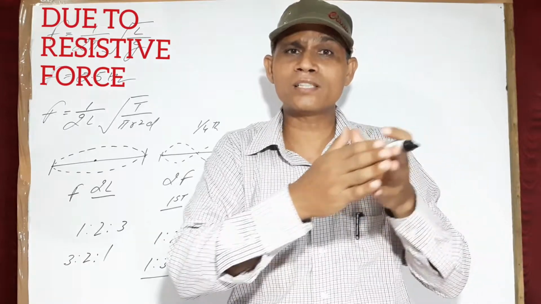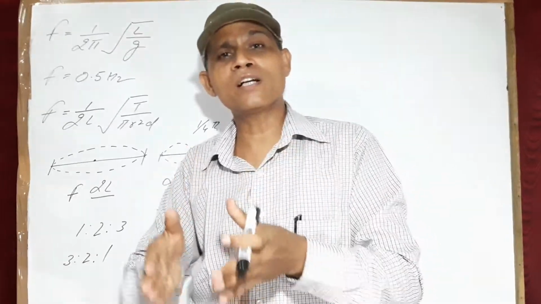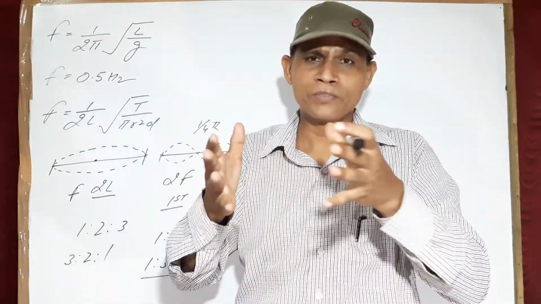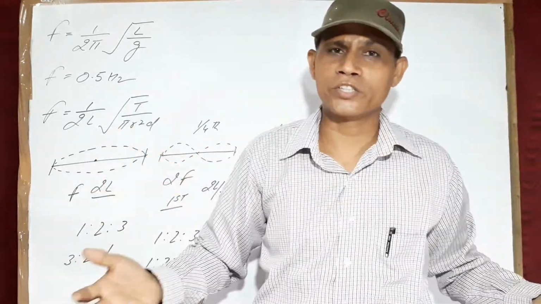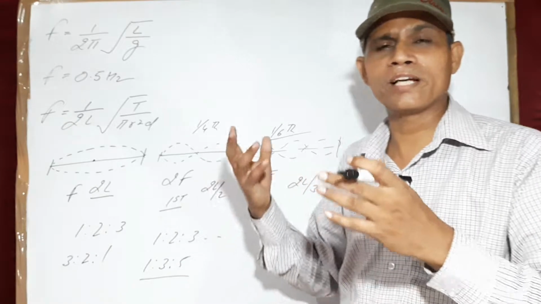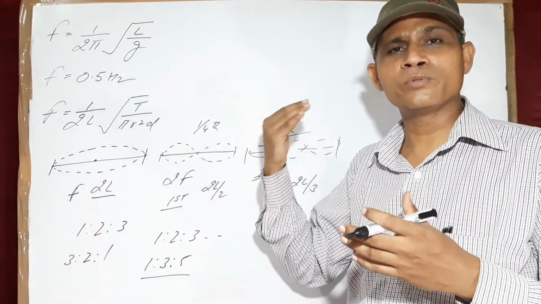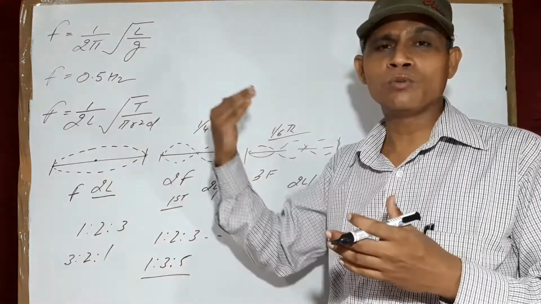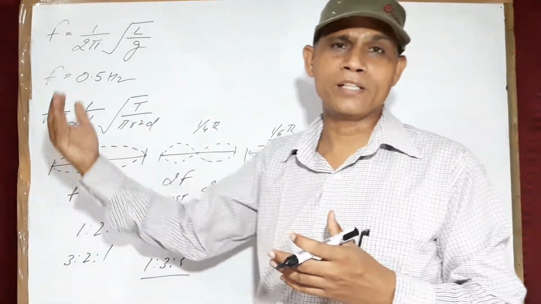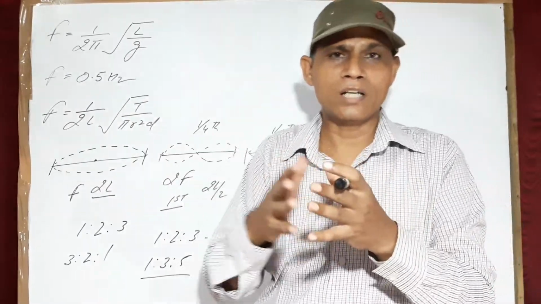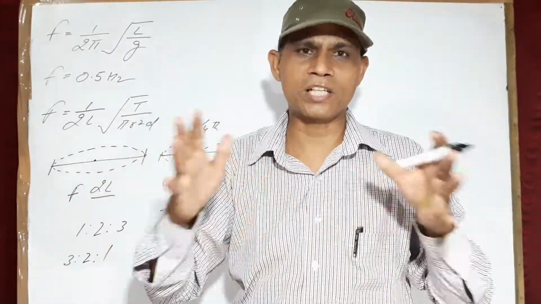To overcome this resistive force, some work is done, and that work appears in the form of heat which is wasted to the surrounding, and hence in each vibration the body is losing some energy, the amplitude goes on decreasing, and ultimately the body comes to rest. So the amplitude will not remain constant, keep it in mind.